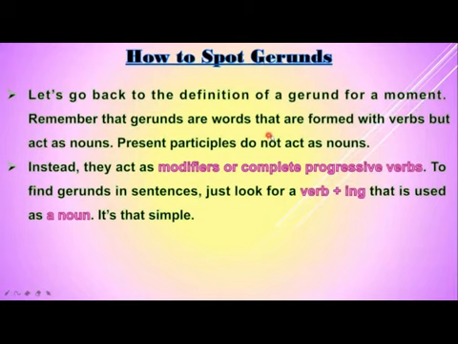Remember that gerunds are words that are formed with verbs but act as nouns. Present participles do not act as nouns. Instead, they act as modifiers or complete progressive verbs. To find gerunds in sentences, just look for a verb plus ing that is used as a noun. It is that simple.